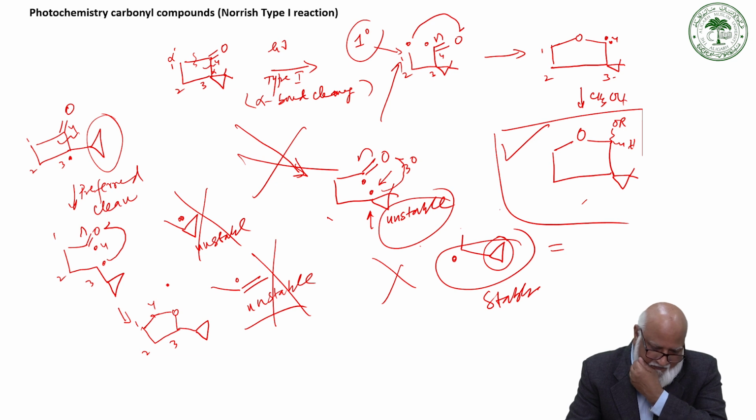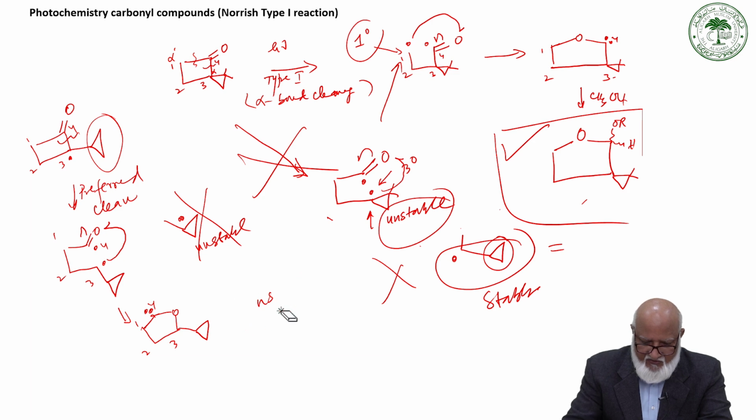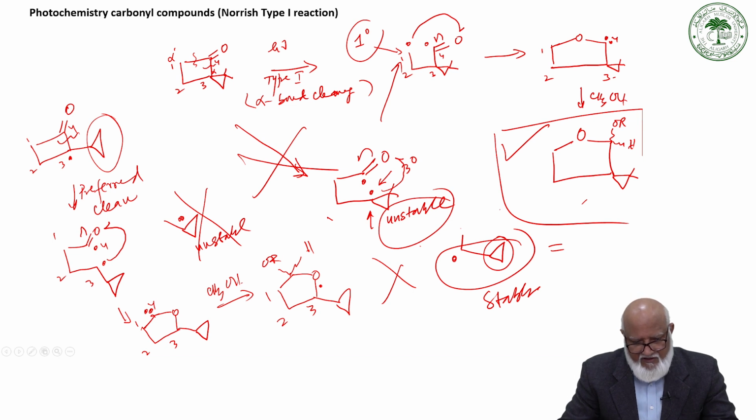The 3rd carbon is linked to oxygen, so this is the carbene, and then in the presence of methanol, this is R, this is H. So 1, 2, 3, with 3 connected to the oxygen, and then the 4th.